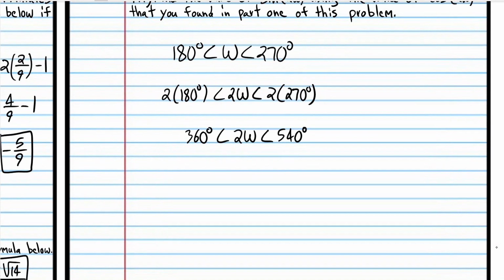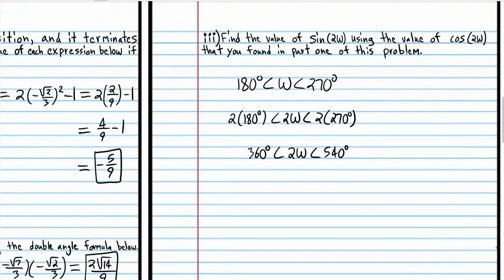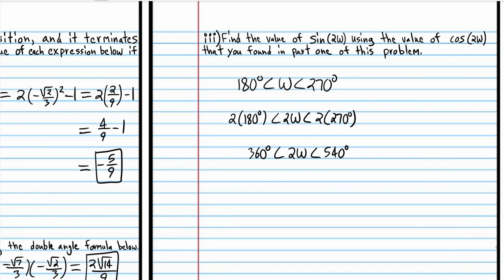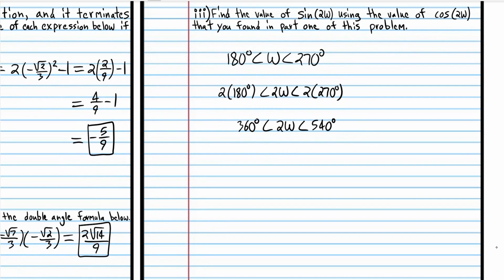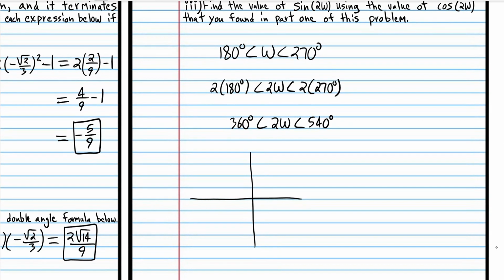So that means it's going to be in the first or second quadrants, because we're going to start here and go all the way around 360, and then we're going to keep going. That'd be 450 and then 540.